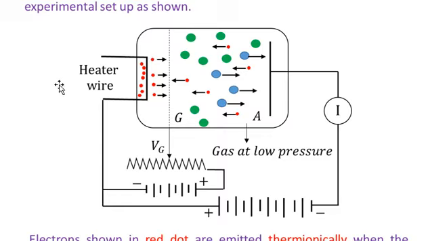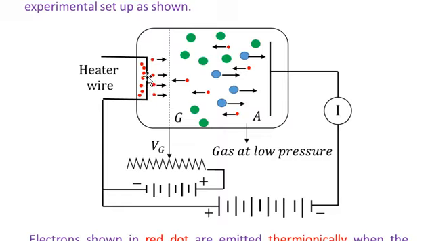The heater wire heats up the cathode, which is not shown here. Just in front of the heater wire, there is a cathode plate which is connected with the negative terminal of this battery. So the heater will heat the cathode and electron emission will take place. The emission of the electrons will be through a thermionic process.